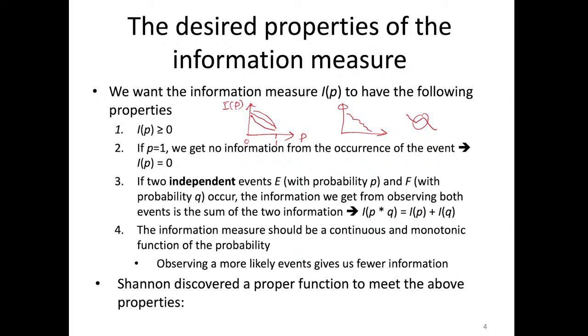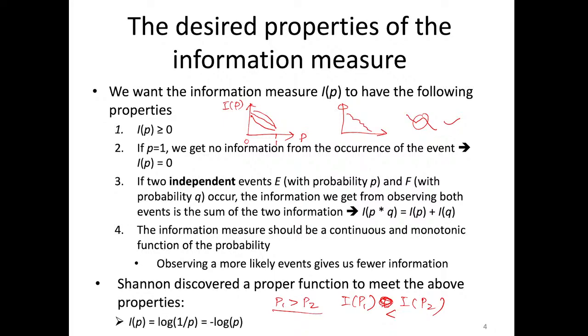If you have upward parts, then that's not monotonically decreasing. So monotonically decreasing means that if P1 is larger than P2, then I of P1 has to be smaller than I of P2. That's a monotonically decreasing function.